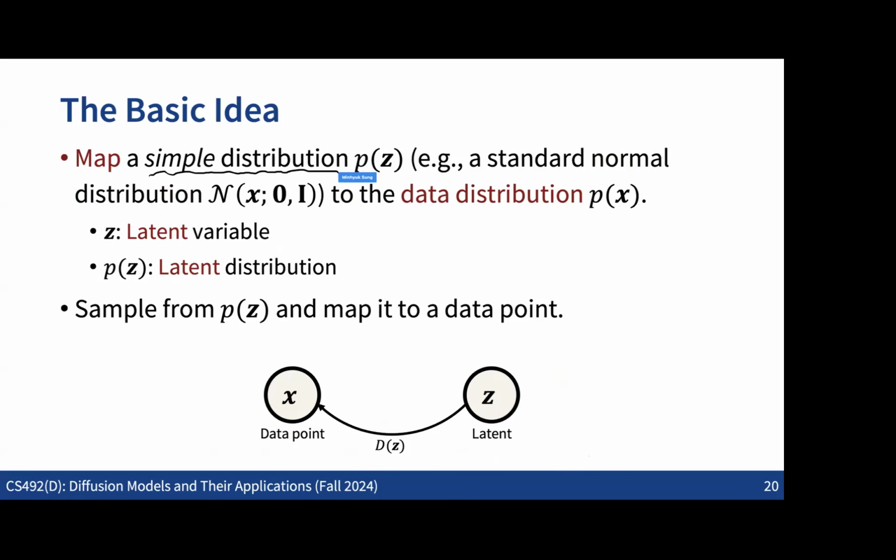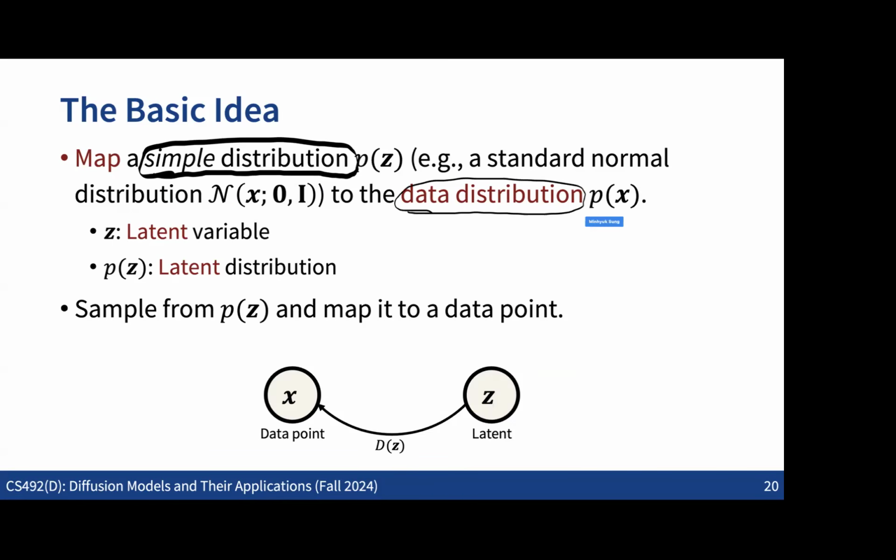A typical candidate for the simple distribution is the standard normal distribution, because we know how to sample from it. And what we are going to do is to have a mapping from this simple distribution that we picked into the data distribution.